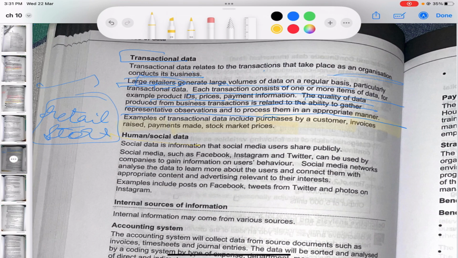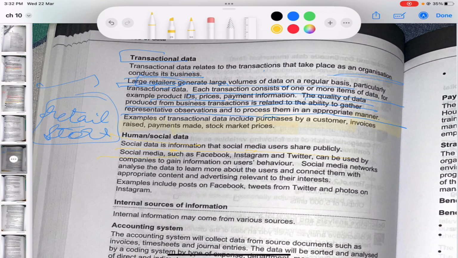The next one we have is human or social data. So humans are social beings, right? That's why we are referring to social data as human data. Social data is information that social media users share publicly. So when I am using social media and I am sharing a news piece, other people are receiving that data, right?